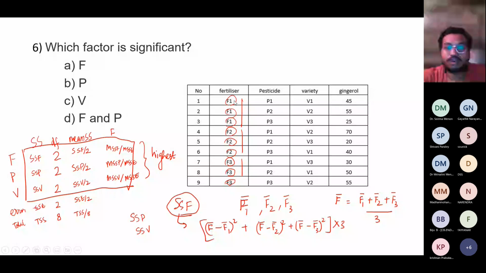For this case, we take mean of F minus mean of F1, square it, mean of F minus mean of F1, square it, then mean of F minus mean of F2, square it, then the same for F2, then mean of F minus mean of F3, and the same for F3, and we add all of these 9 terms together. That's how we get the sum of squares for the fertilizers. For these 3 values, we just take the mean of F1, so that's why we are just doing this whole thing once and then multiplying it by 3.